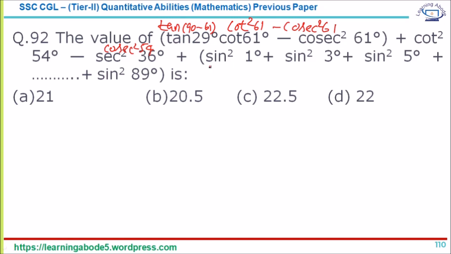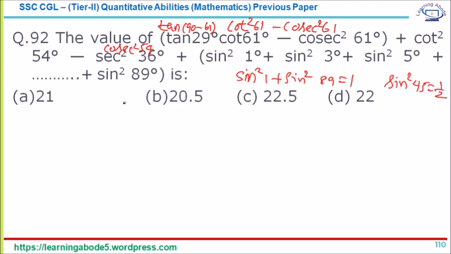Plus this value. Now here what you have to remember is sine square 1 plus sine square 89 is equal to 1. Similarly sine square 2 plus sine square 87 equal to 1. And there are 89 terms. The middle term is 45. So sine square 45 is equal to half.